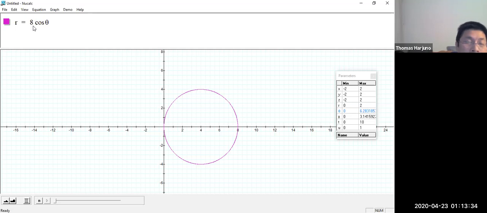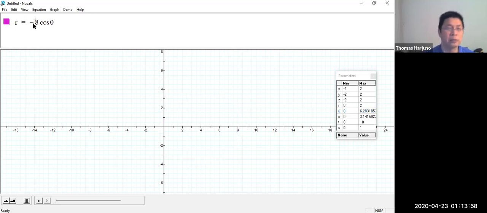Okay, so the radius of the circle that results is half of that A, and the center will be on the x-axis if it is cosine, and on the y-axis if it's sine. So let's say instead of 8, I make it negative 8.